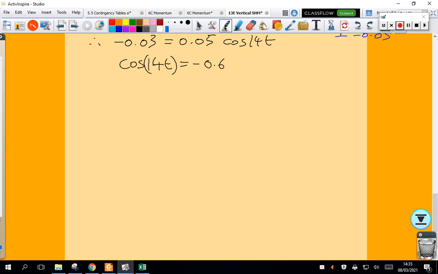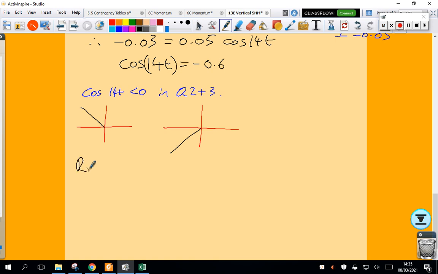You know, cosine, where is cosine negative? Cosine is negative in quadrants 2 and 3. So cosine will be negative in here, in quadrant 2 and in quadrant 3.